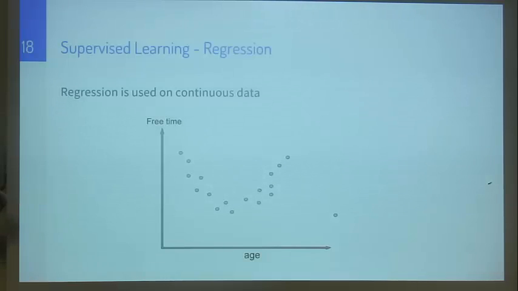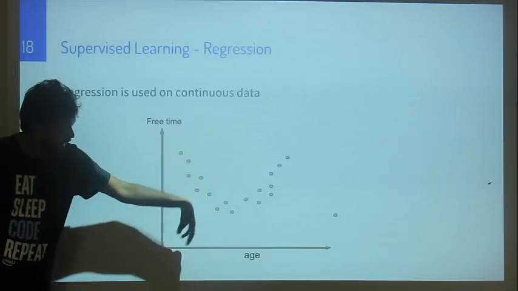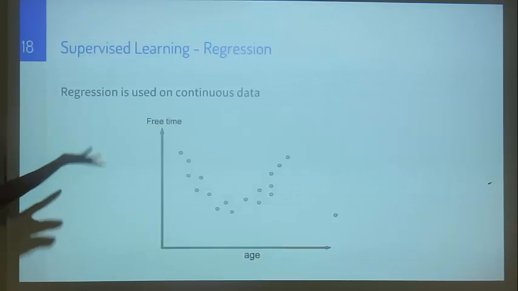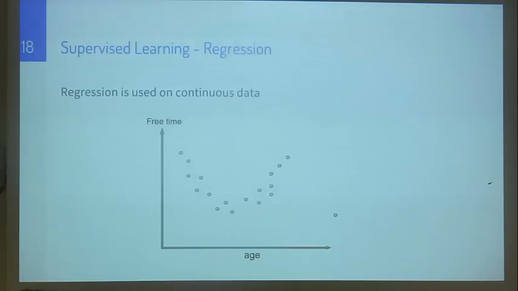In our ages, when we have kids and a family, we have less free time. But as your age progresses and you become old, you retire and you have more free time. So let's say we have this many young and old people, we get their free time and we plot it on a graph.